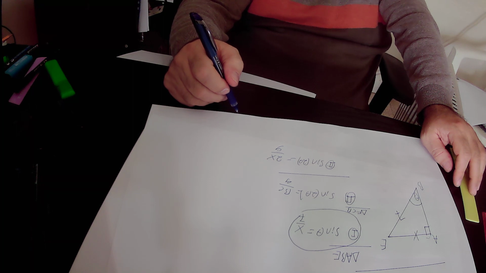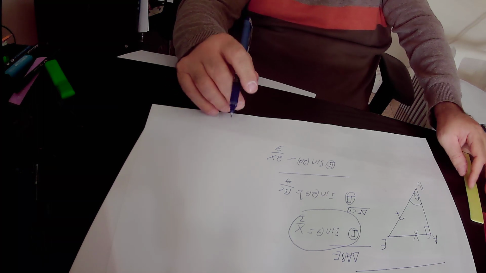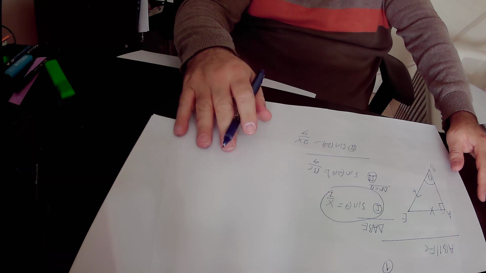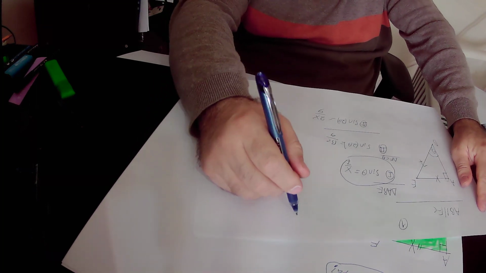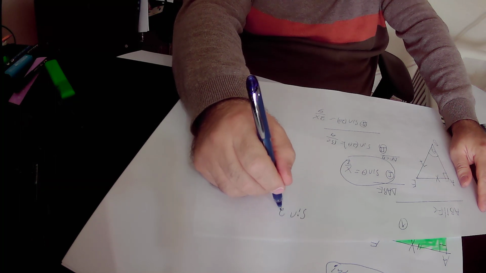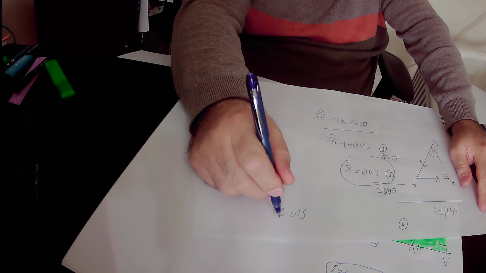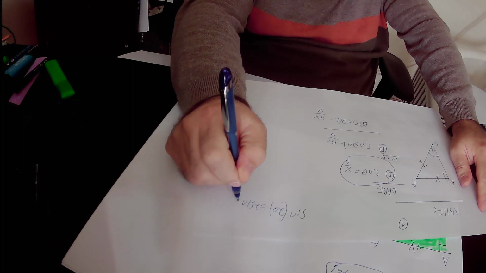Okay? But we have the trigonometric identity that sine 2 theta equals 2 sine theta cosine theta.